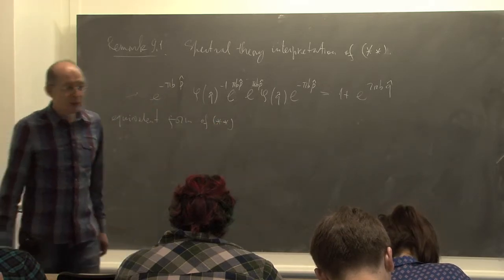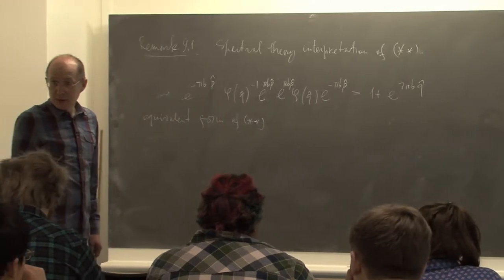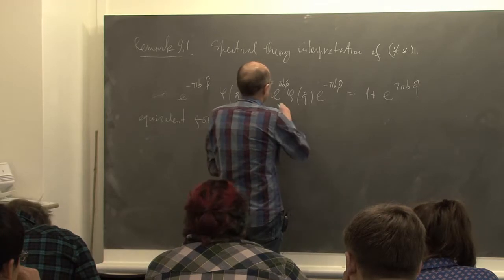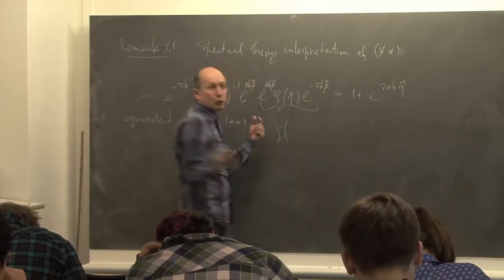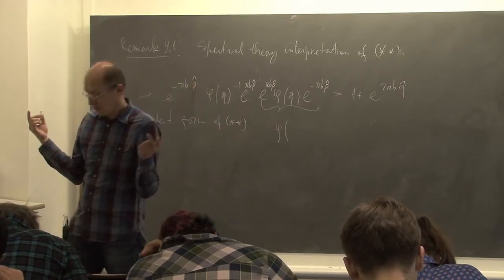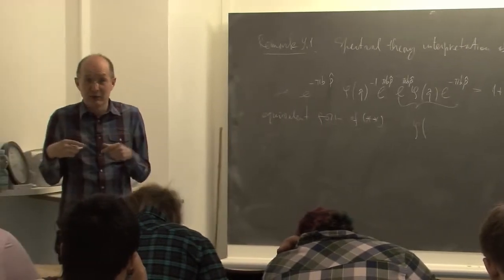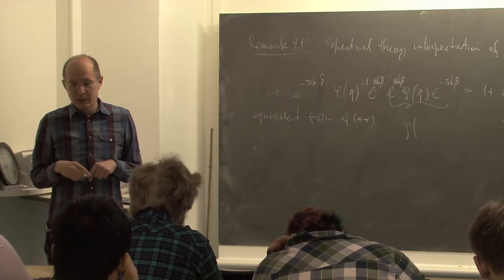Why was it so? Because we used the Baker-Campbell-Hausdorff formula to first write this like a phi. So if we conjugate an operator by something, usually by a unitary operator, then we can conjugate the argument, right? If it is an operator, the argument is an operator.